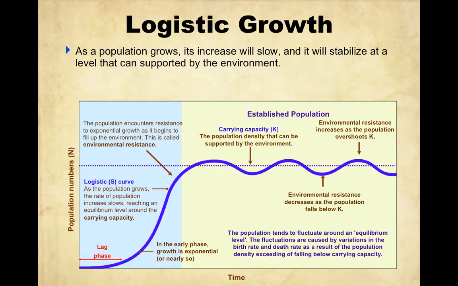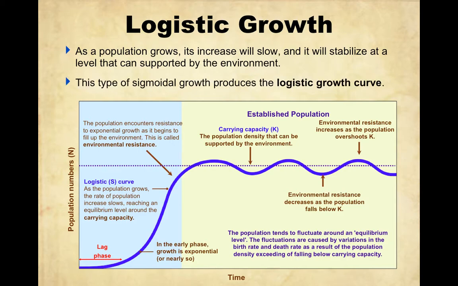So the biotic and abiotic factors that limit a population. And when a population is hovering around carrying capacity, it follows something called a logistic growth curve, also known as an S curve.